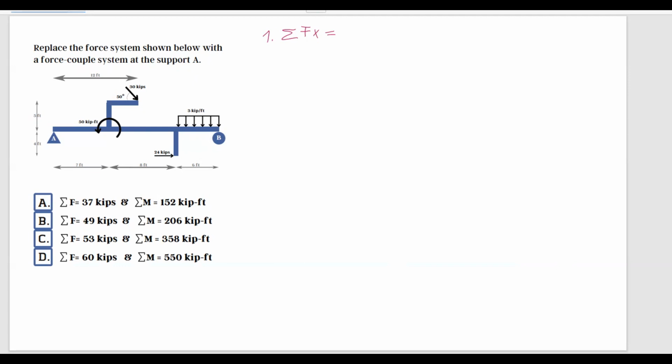So let's see. We're going to have 24 kips. And then we have this 30 kips force that makes a 50-degree angle with the horizontal.